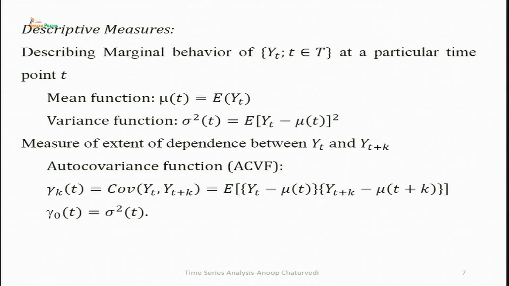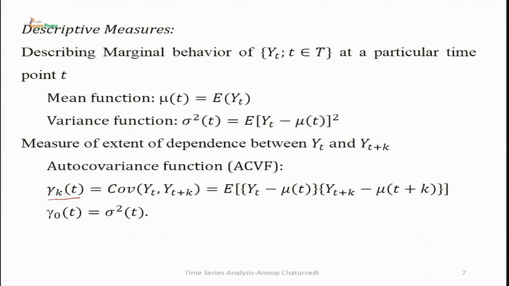We also write it as ACVF, autocovariance function, and we denote it by gamma_k(t). It is the covariance between y_t and y_{t+k}. Again, covariance is defined as the expectation of (y_t minus mu_t) into (y_{t+k} minus mu_{t+k}).